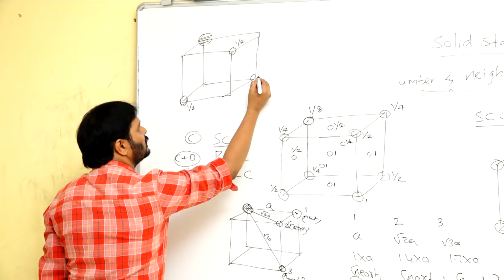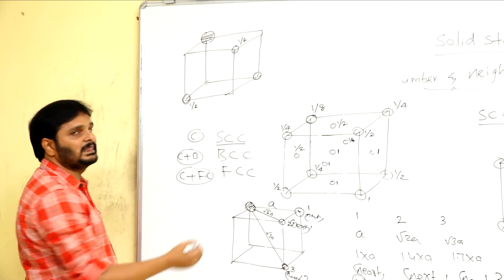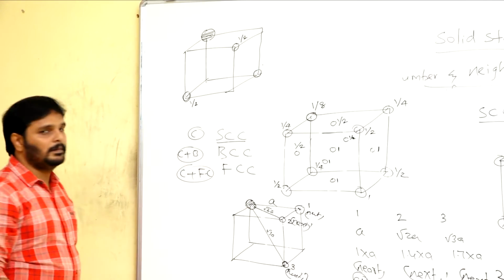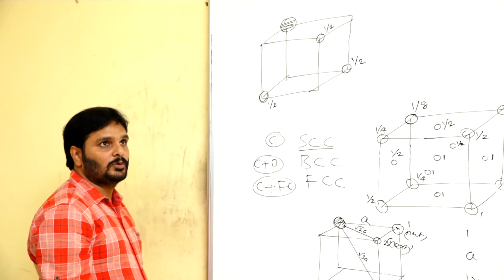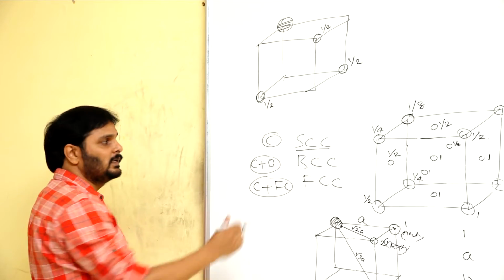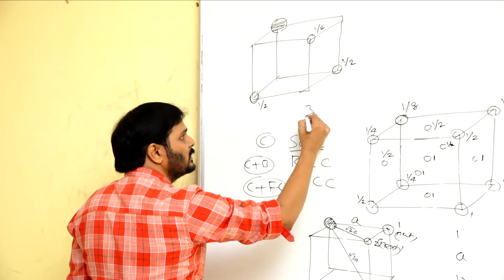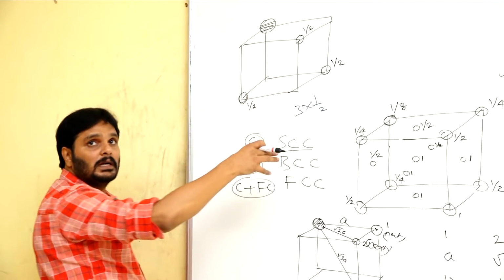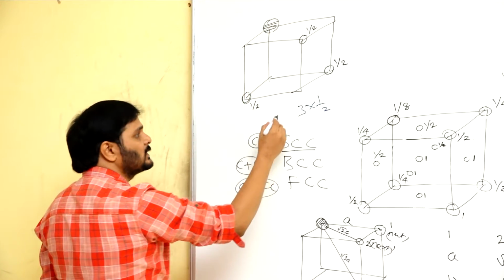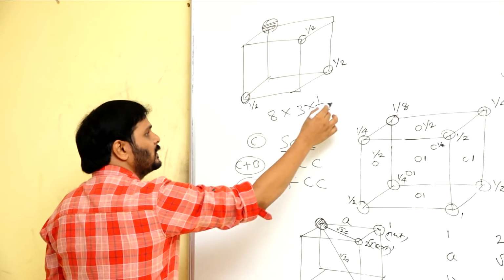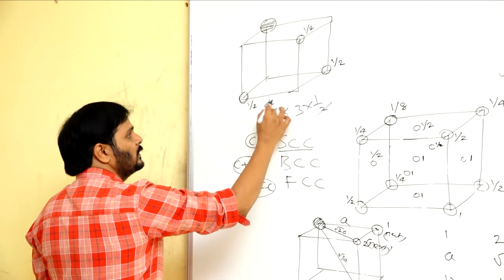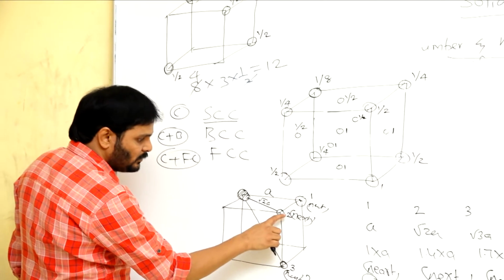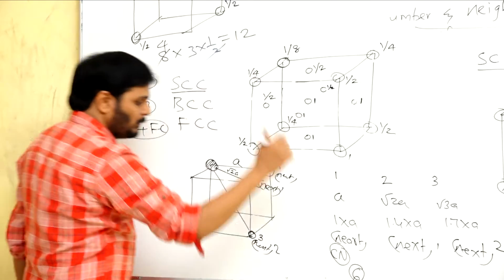So again a total of 3 atoms, each with contribution 1/2. This is one unit cell, and we have 8 unit cells, so 8 into 3 by 2 gives a total of 12. So for the next atom, the neighboring atoms are 12.